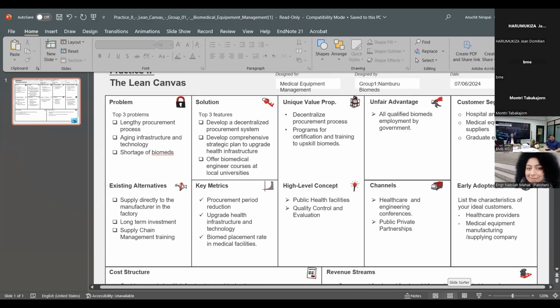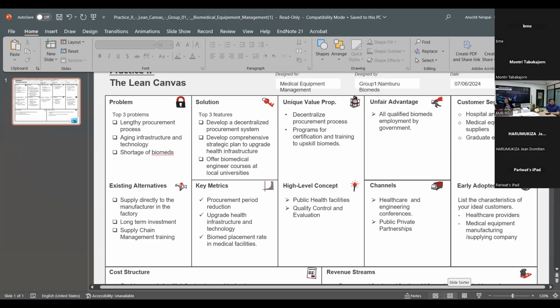And then there was also about some existing alternatives for trying to solve those problems. It was, for example, to try to supply directly to the manufacturer in the factory. And also there are some solutions for long-term investment during the budget of our hospital.